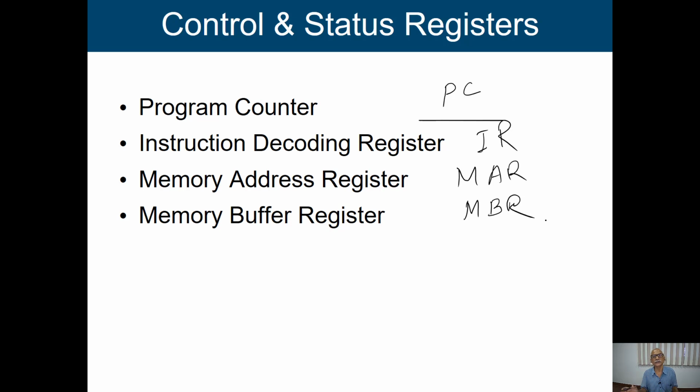Similarly, if we are going to write something to memory, first we have to bring the information from the source register to the memory buffer register. Then the control unit gives the write signal, and the contents are written to the memory location whose address is given by the memory address register. So these four are the special purpose registers.